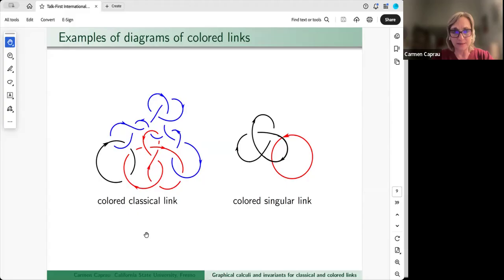And if I had, for instance, the component that is just a circle, and the one that is a figure 8 knot, colored the same, then I have just 2 sets in the partition, so that would be a different colored link. And on the right-hand side, you see also singular crossings, as well as a classical crossing, so this is a colored singular link.